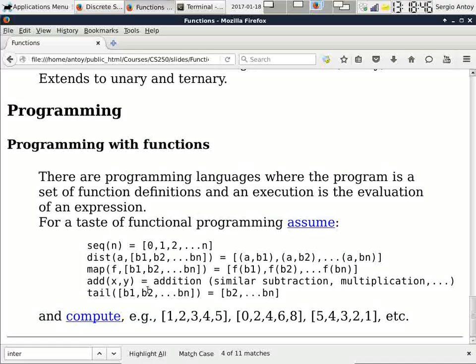Now if you have a dist 2 of sec 4, you have what? 2, 0 pair, 2, 1 pair, 2, 4 pair. Yeah? And now what do you do? Map multiply. Map multiply, and so 2 times 0 is 0, 2 times 1 is 2, 2 times 4 is 8.